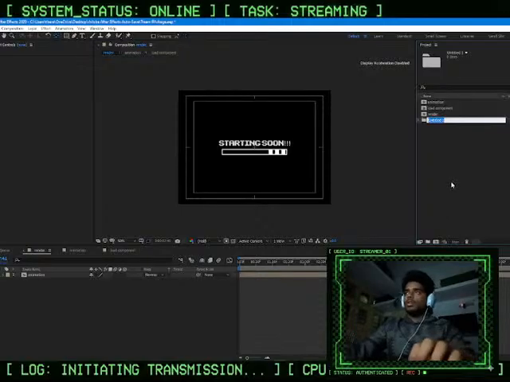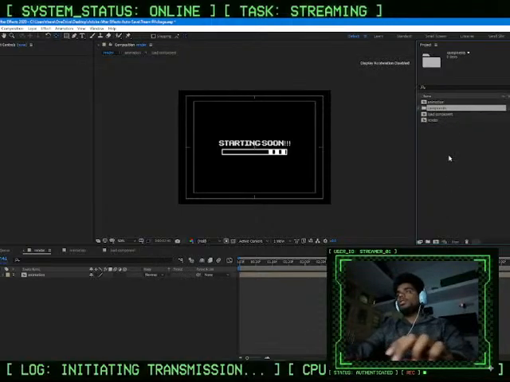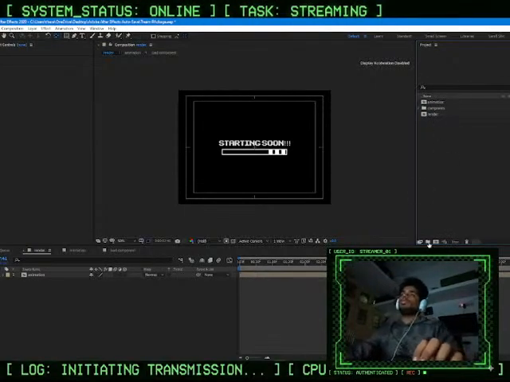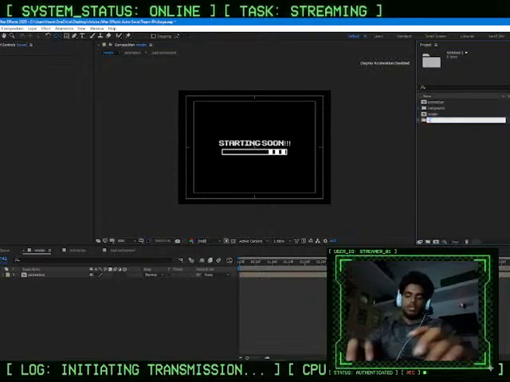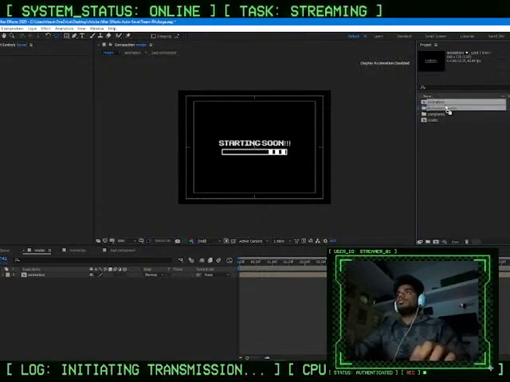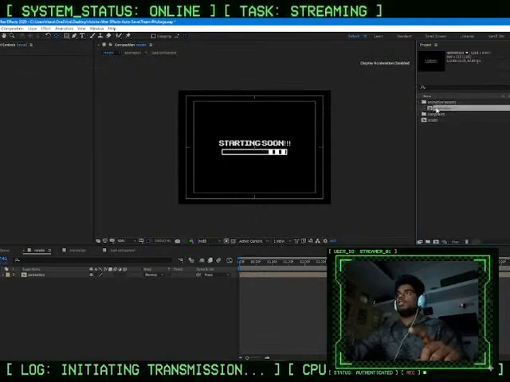I'll just organize folders, like a load components folder, and an animation assets folder. I'll put animation in this, and animation will be what?